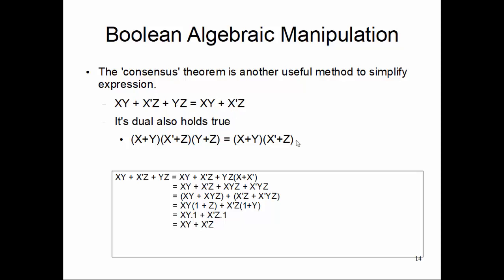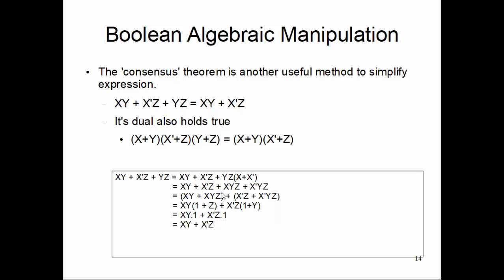Now we can prove it, again with basic identities and other reduction steps that we have just learned in the previous two slides. Let's try to do it. We need to come up with the right hand side from this left hand side expression xy or x bar z or yz.